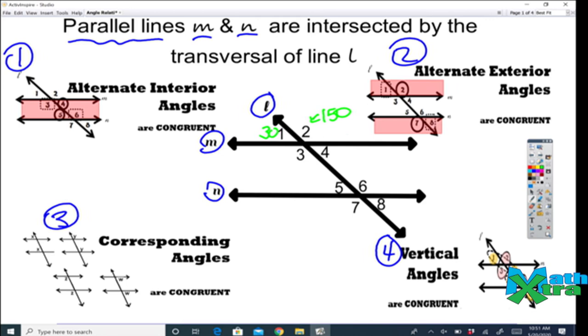Watch me as I go around to figure out the rest of the angles. I know angle 1 is 30 degrees, angle 2 is 150, and 2 and 4 are right beside each other, and they make that linear pair. So 150 plus 4 should give me 180, therefore 4 has to be 30. Then 3 and 4 are right beside each other, and they make that linear pair.